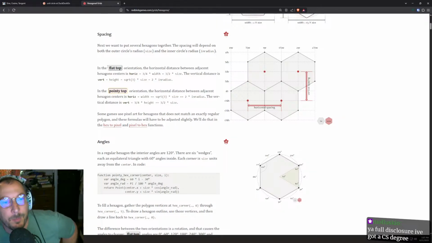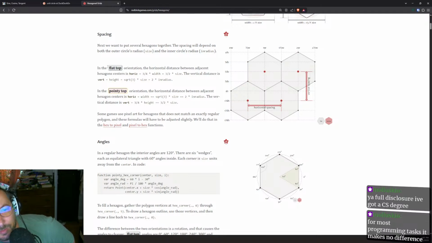So in a flat top orientation, the horizontal distance between adjacent hexagon centers equals 3/4 times the width. No, wait. Is horizontal equals 3/4 times width? What is this even?